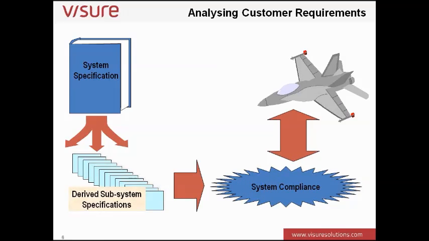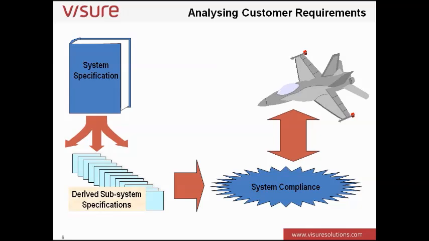So analyzing your customer requirements, well, historically and still typically, requirements often start in the world of words. The stakeholder requirements, and the stakeholders can be from many sources. They can be your accountants making sure your project doesn't overspend, your customers, who are obviously still your primary stakeholder, and your marketing department.